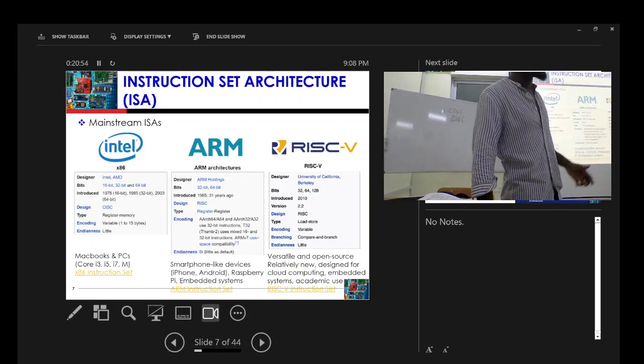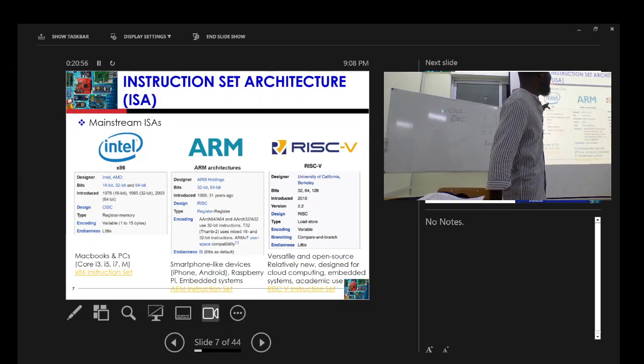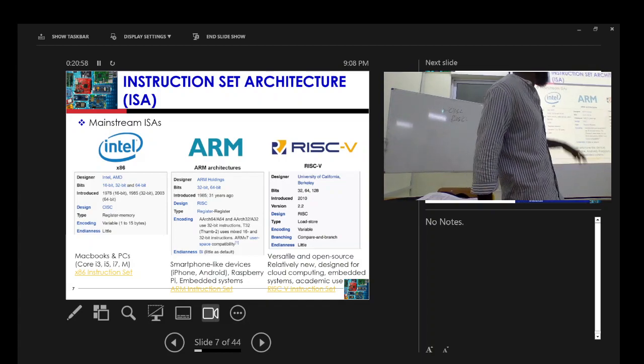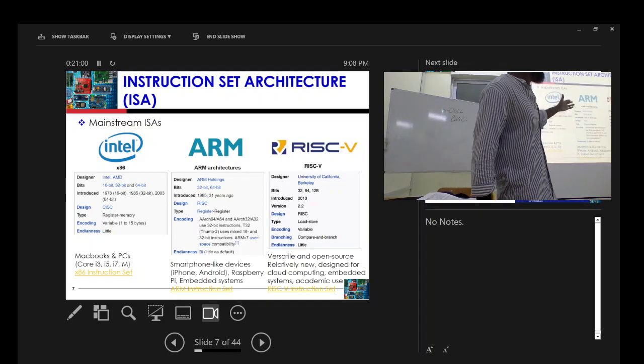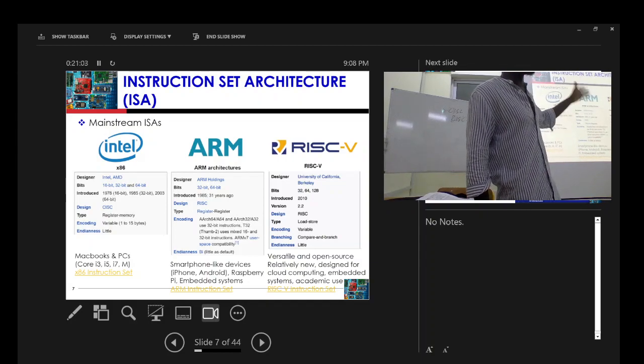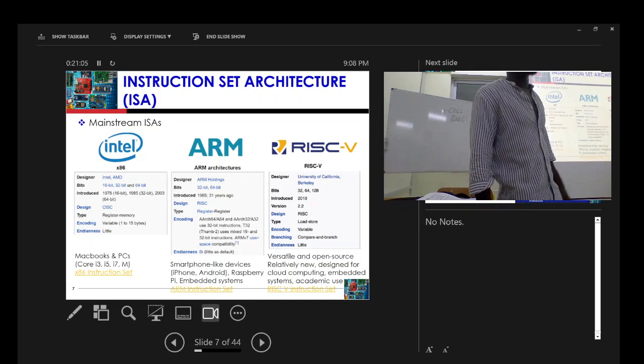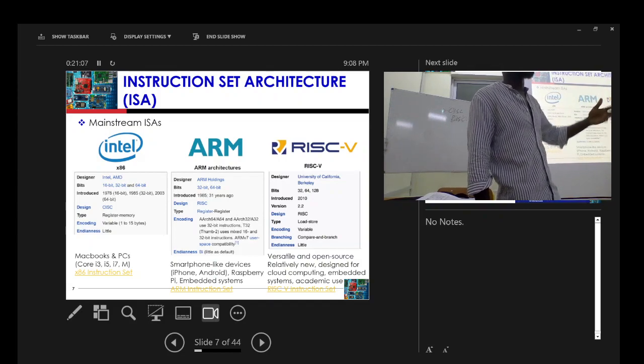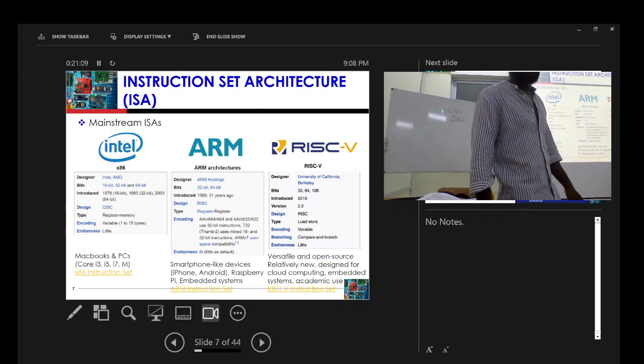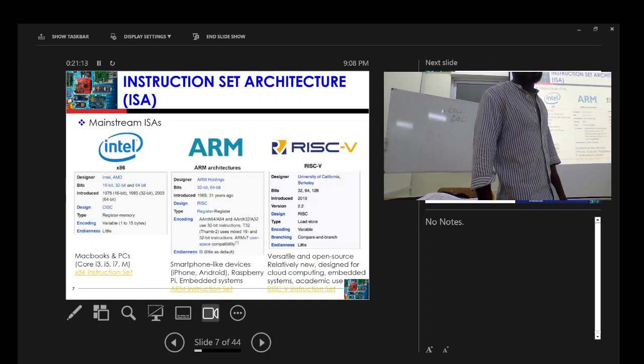So what happens is that the Intel CPUs are little endian, so you must know what that means. The RISC-V CPU is also little endian. So it stores data using a little endian kind of method. Go and find out what that is.